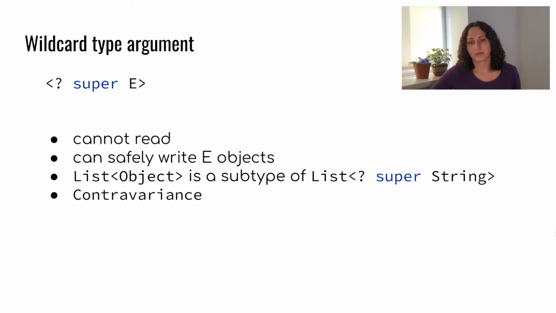In this case, on the opposite, we cannot read elements from such a class or type because we don't know which exact type we should read, but we can safely write E objects there because it's either E or something bigger, something upper in the class hierarchy. And again, a list of objects is a subtype of list of our wildcard type. And this property is called contravariance.